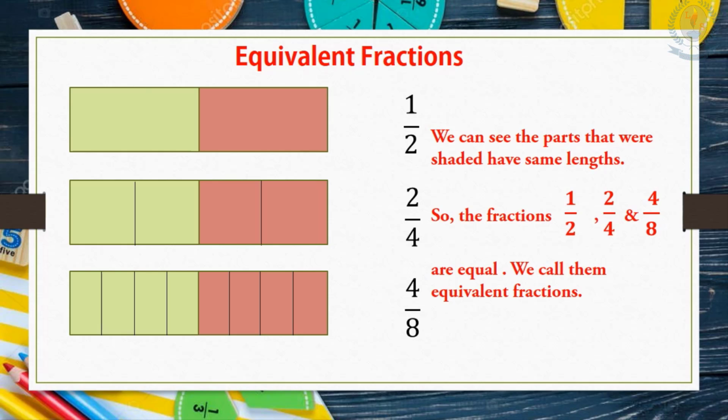Look at their numerators. Are the numerators the same? No. What about the denominators? Are they the same? No. So, equivalent fractions are fractions that have different numerators and denominators but have the same value.